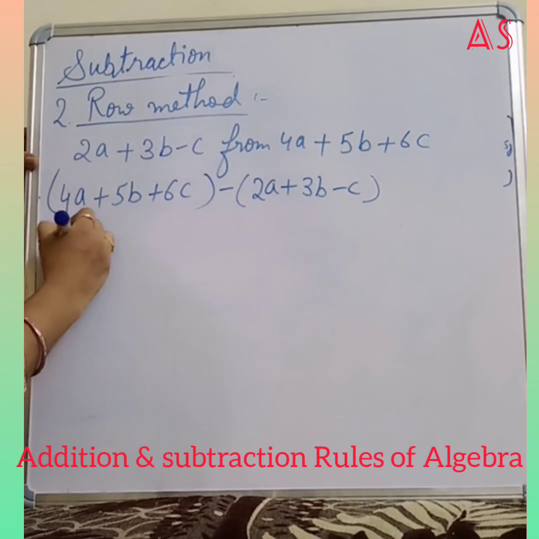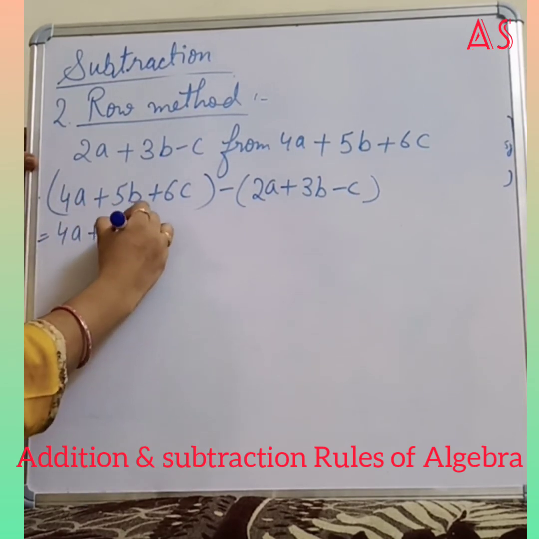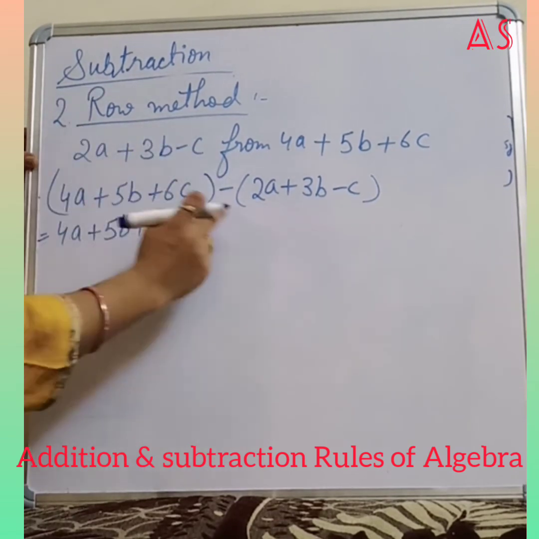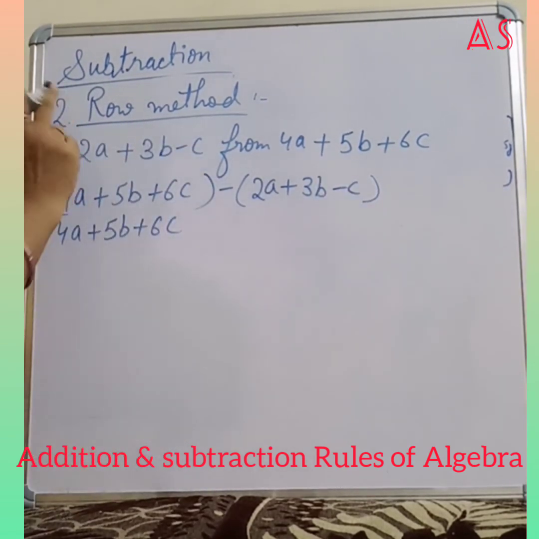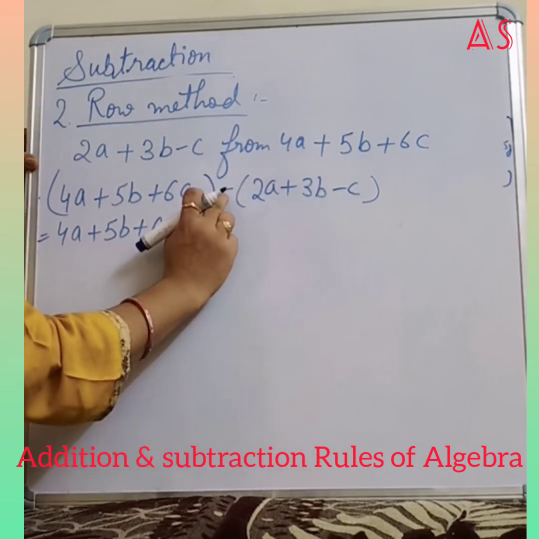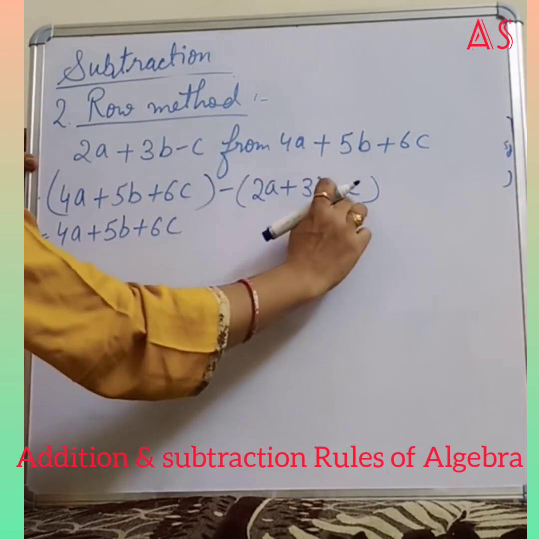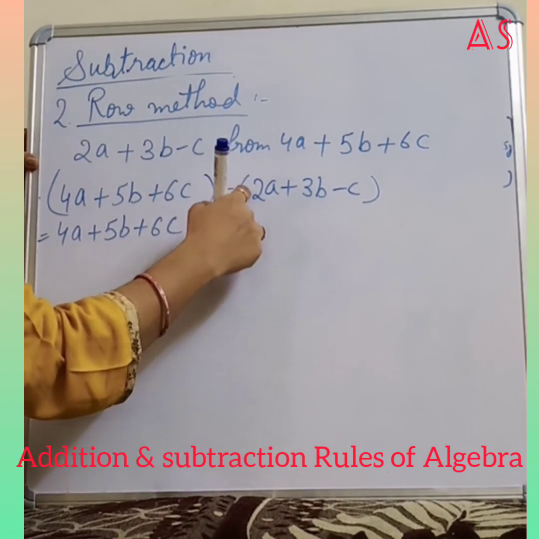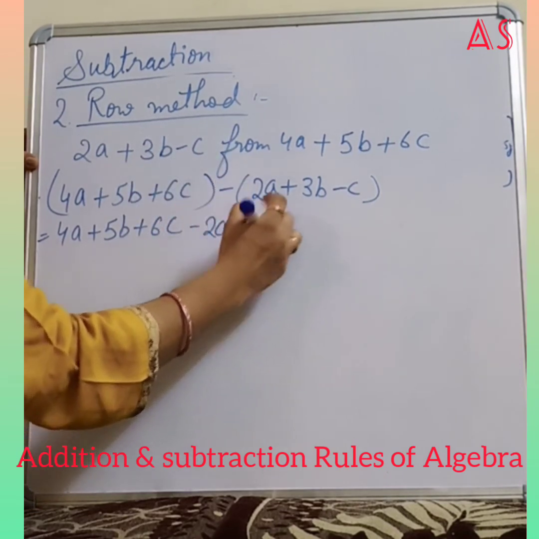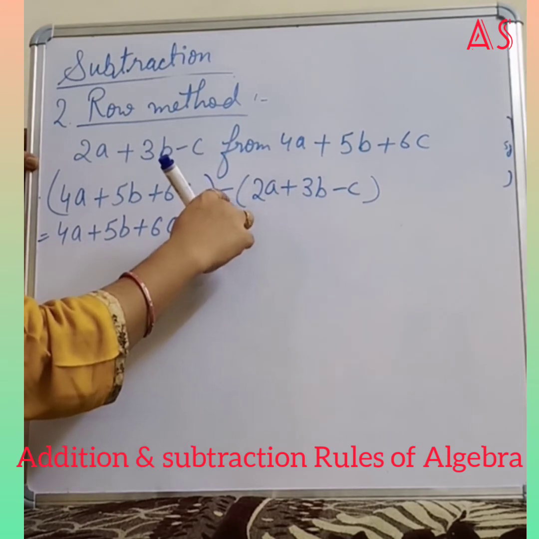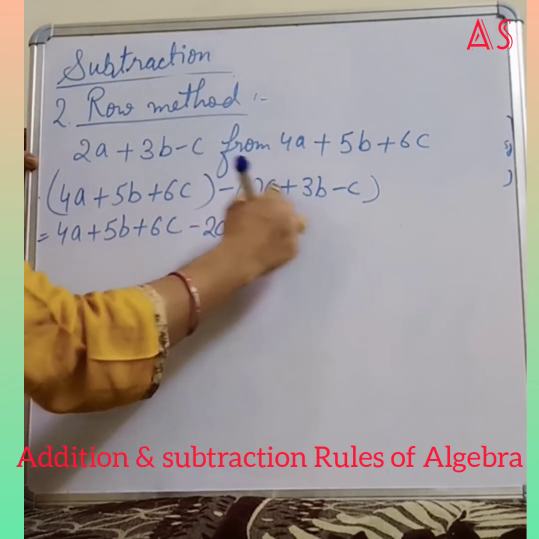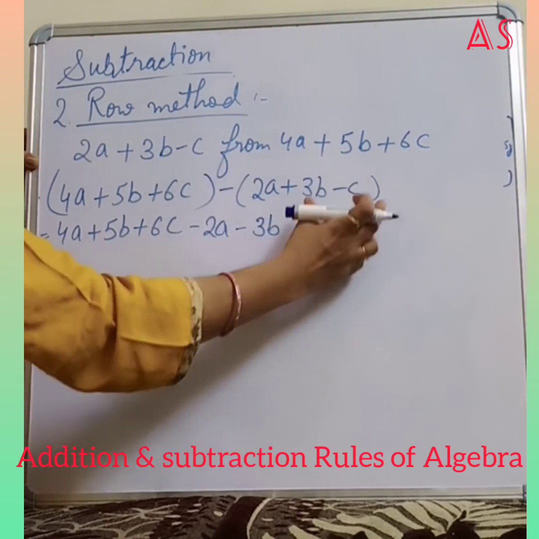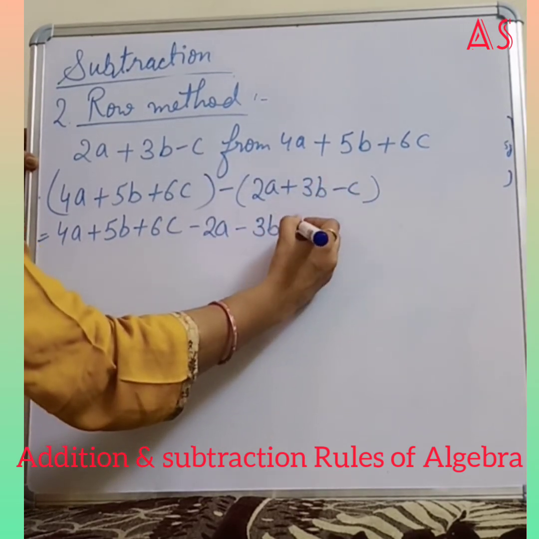Open the brackets. 4a plus 5b plus 6c. Now you know that in subtraction, in the column method we change the sign, and in the row method also we change the sign. Now minus is here, so all signs inside will be changed because we are doing subtraction. So plus changes to minus 2a, plus changes to minus 3b, and minus changes to plus c.